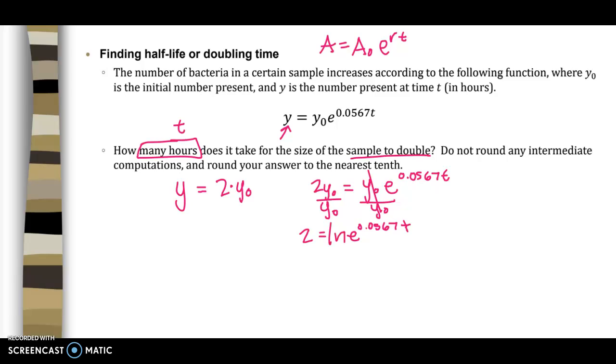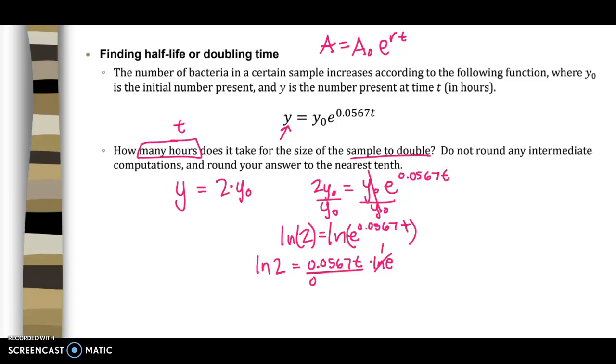Take the natural log of both sides. So I'll get the natural log of 2 equals 0.0567t times the natural log of e. Natural log of e is 1.